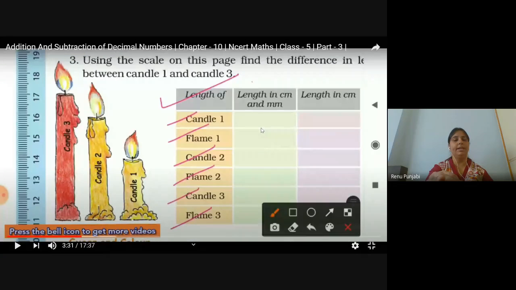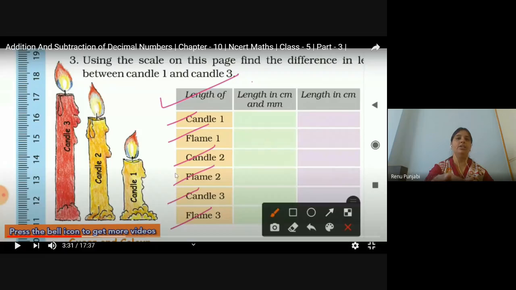Aryan, let me explain to other children what they have to do. If you have completed, I will ask tomorrow, and we will discuss the answers tomorrow. You have to measure it with the scale, the ruler, and write the measurement here. It can come in exact centimeters, it can come in millimeters also. Then the flame of candle 1, from here till here, write the measurement here.